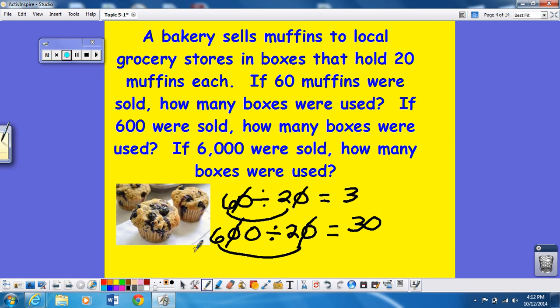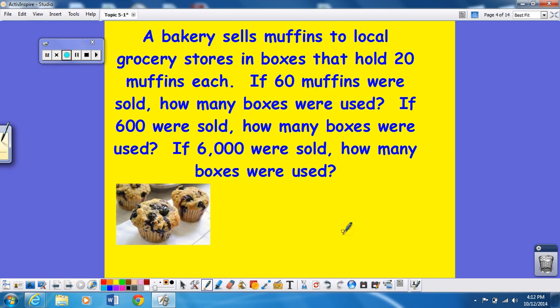Now, 6,000. Let's clear this out so we can look at 6,000. 6,000 muffins were sold. That looks like that would be hard. But if you follow the pattern of dividing by powers of 10, it's not hard. 6,000 muffins were sold. We know there are 20 muffins in each box. That zero's bothering me. There we go. Same thing.